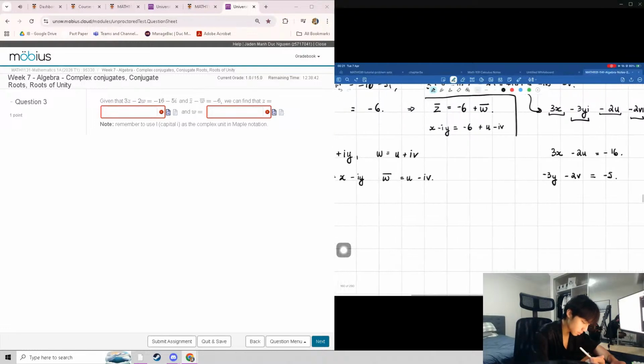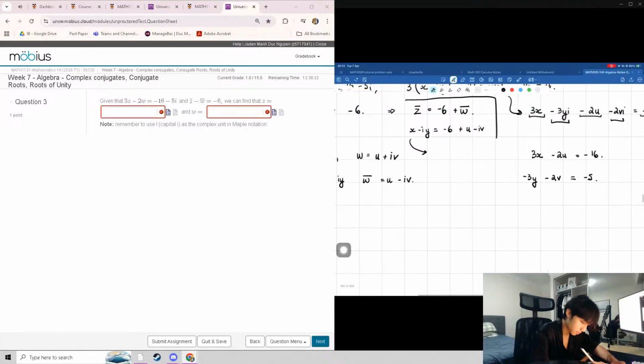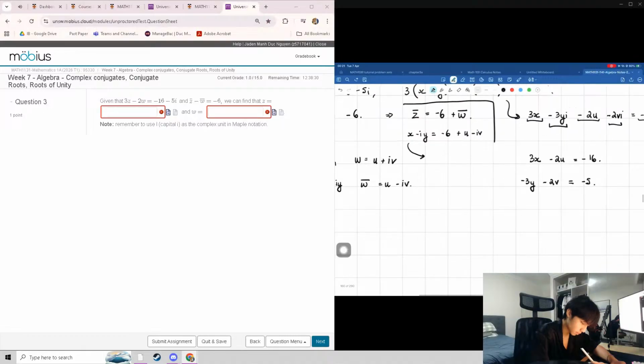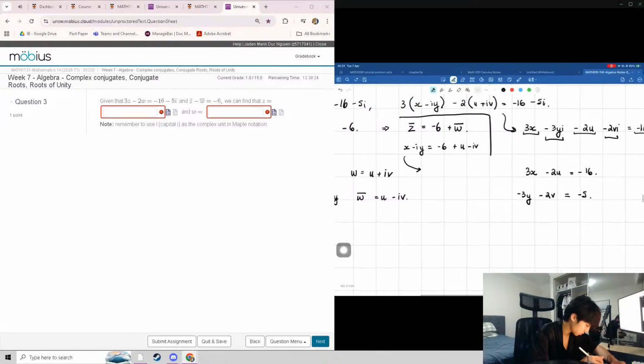Then we have this other equation, which we can still express as, we're going to get 4 equations.